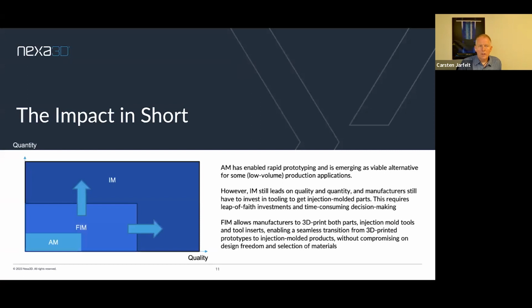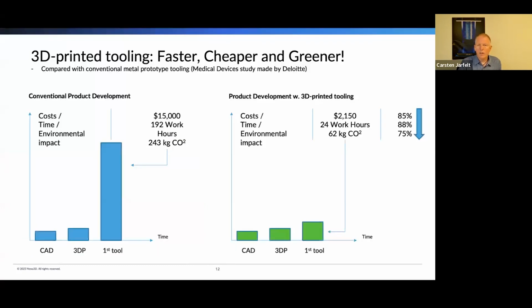With freeform injection molding, you can work and validate your way through from AM over FIM to IM. A lot of M's right there, but from additive manufacturing to freeform injection molding, which is additive manufacturing of tools, and then to injection molding of parts, which is actually where most want to end up. We just make the journey more seamless and more data-driven.